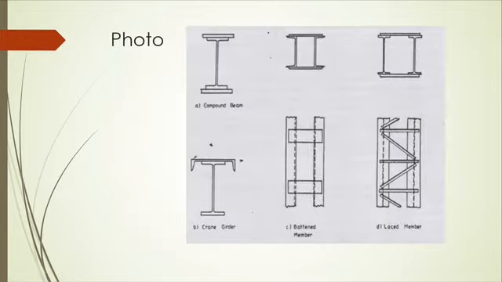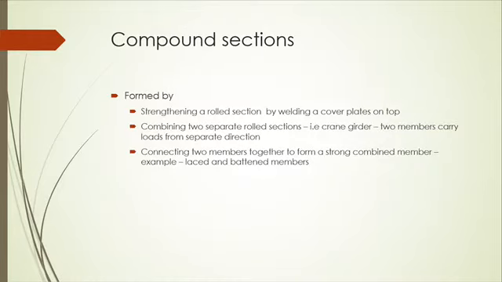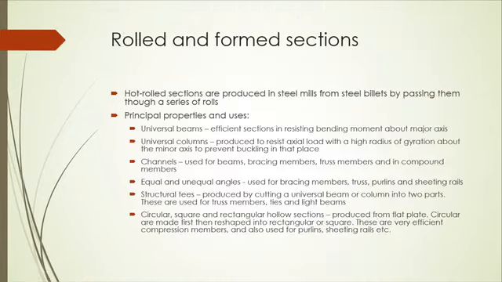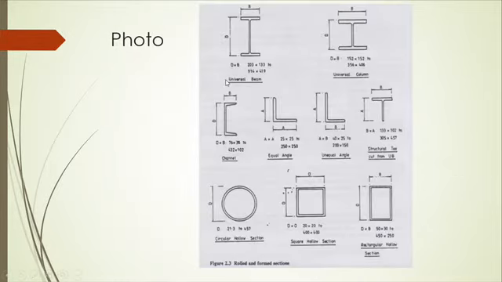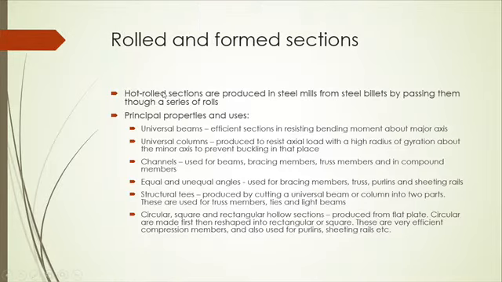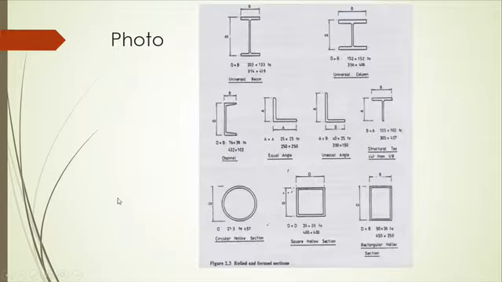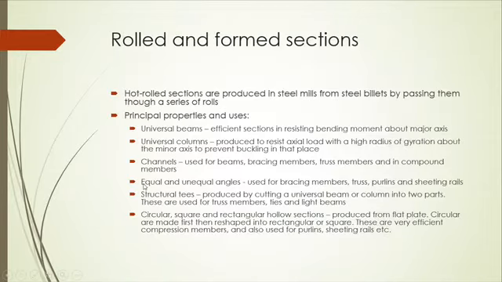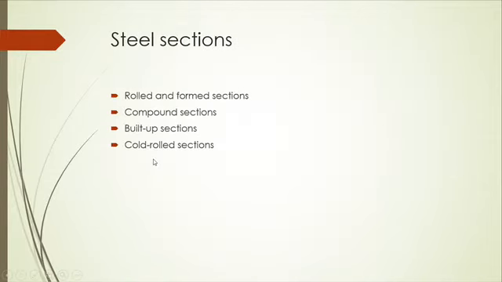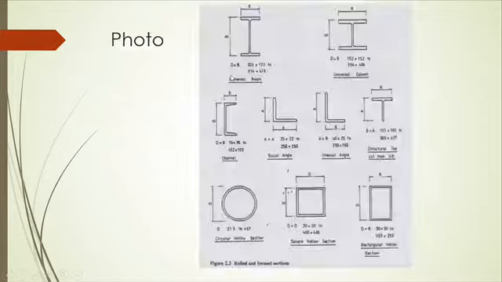And then also compound sections, where you combine the rolled sections, you strengthen them, or you lace them together to produce bigger, stronger sections. And also rolled and formed sections. You roll the sections at a high temperature, hot sections being rolled to produce your rolled section. You have 4 types of section, so these are your 4 steel sections being used as a finished product.